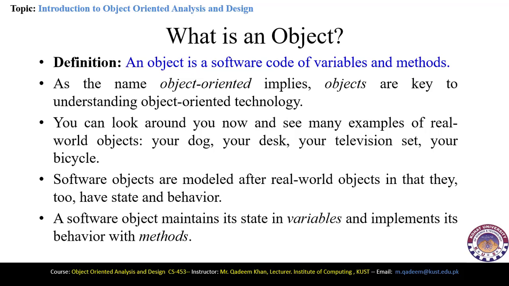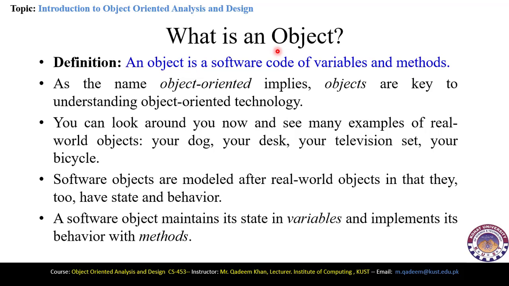The functions are used to process the data types, and we can call these functions which are used to process the data types through the objects. So as its name indicates, object-oriented means that the systems are based on the objects. So in object-oriented technology, we instantiate a class through the objects.